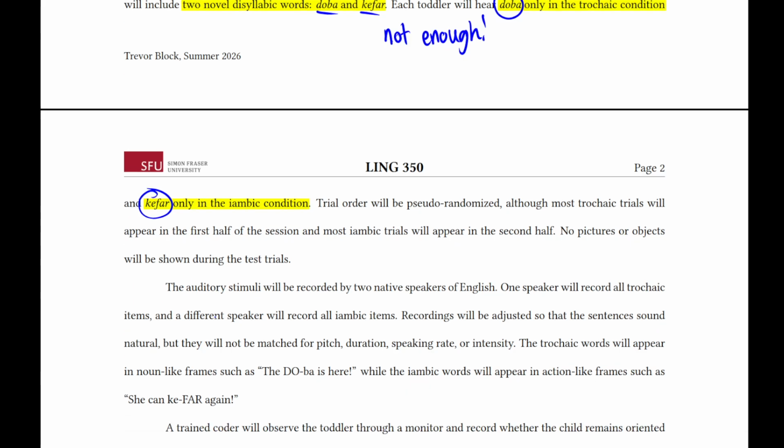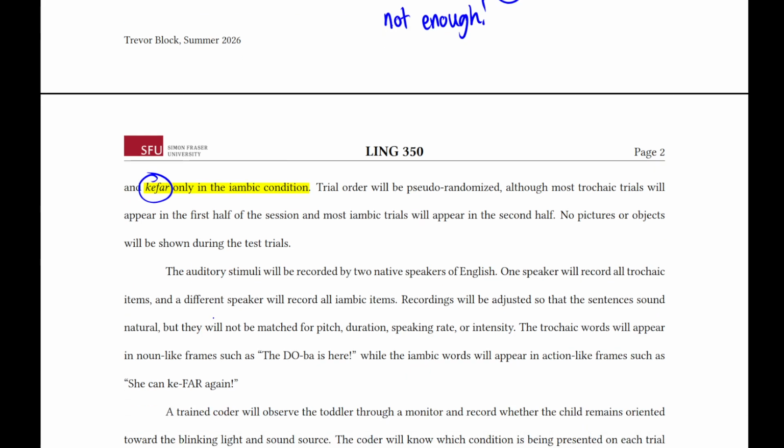Okay. Trial order will be pseudo-randomized, although most trochaic trials will appear in the first half and most iambic in the second half. So in other words, the experimenter is somewhat manipulating the order that they're coming in, and the issue here is that we might have a trial effect. So the fact that they're hearing a bunch of ones in one condition in the beginning and the rest in the second half, that could be problematic.